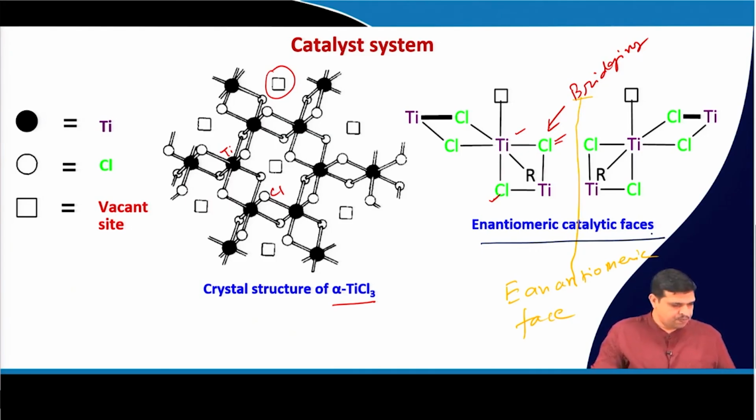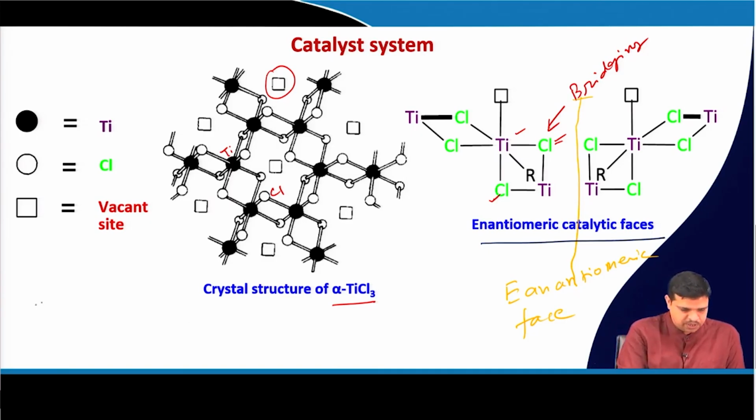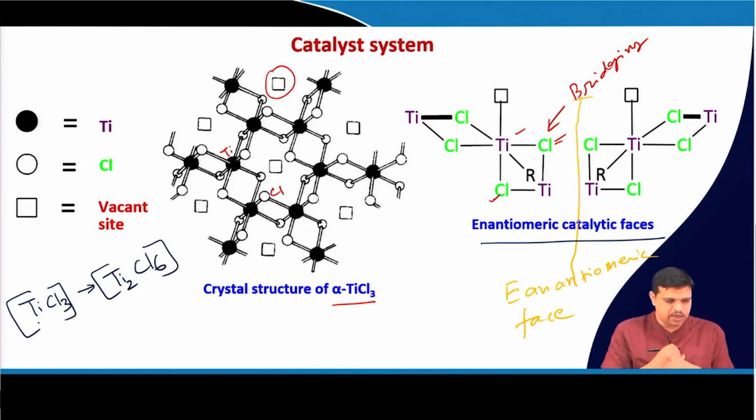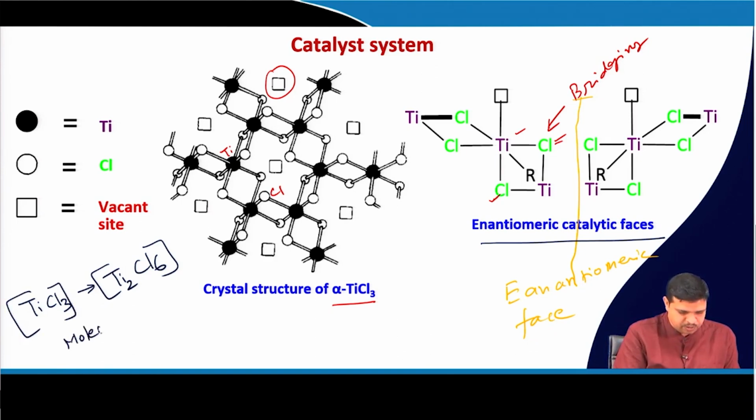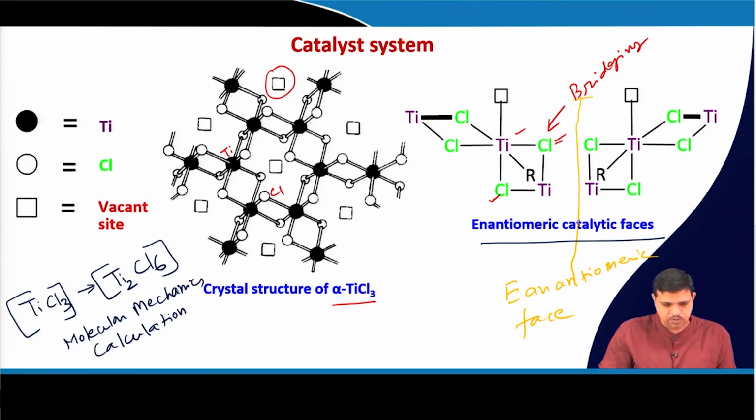So that's why it is always better to consider TiCl3 as Ti2Cl6, which gives a better picture of the Ziegler-Natta catalyst, and this has also been supported by molecular mechanics calculations.